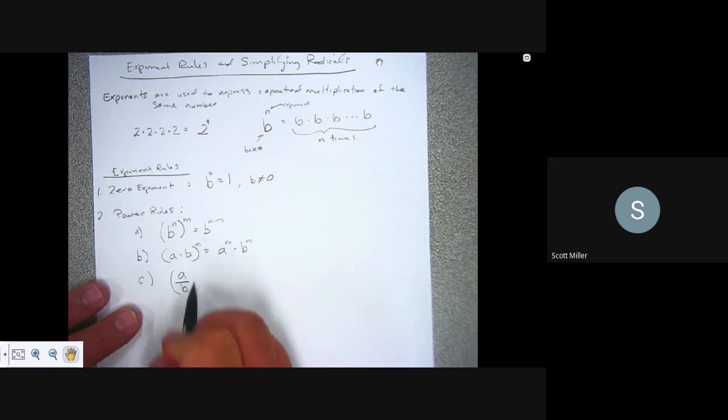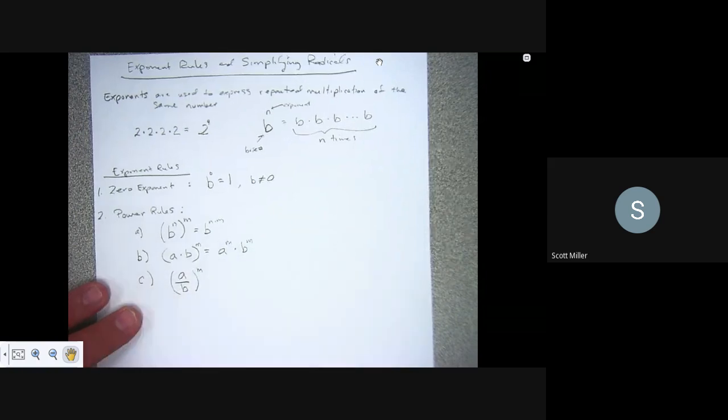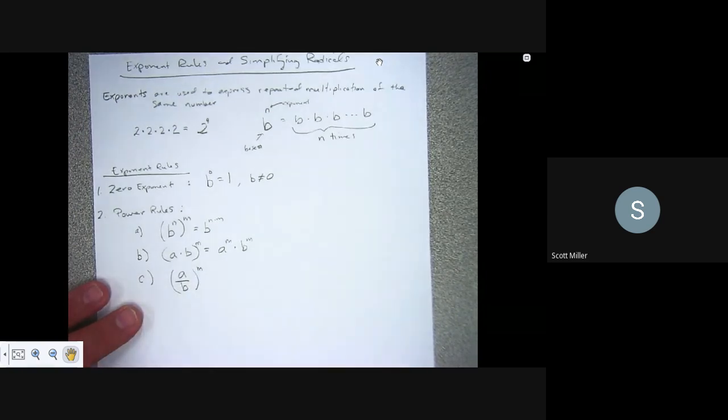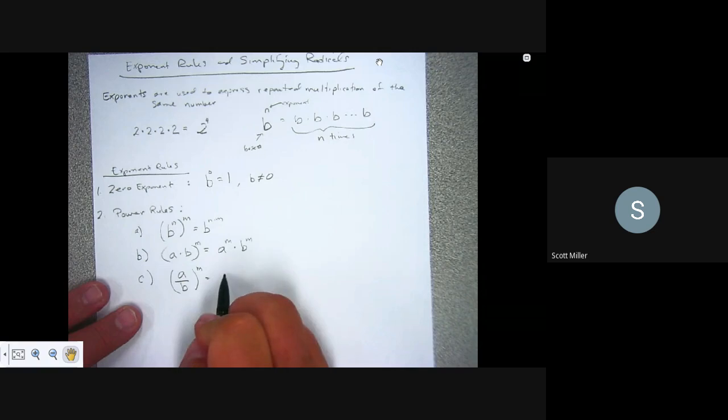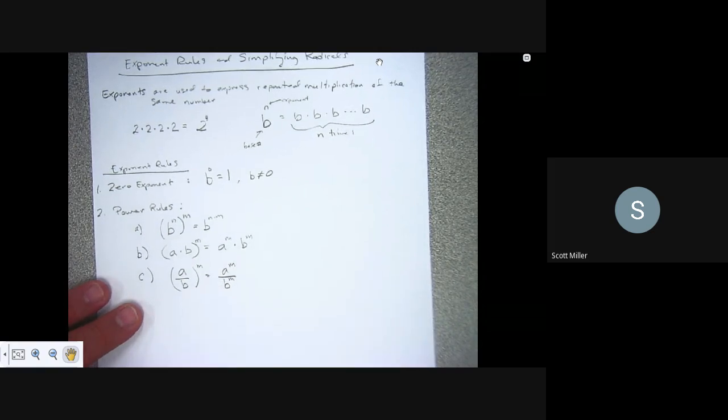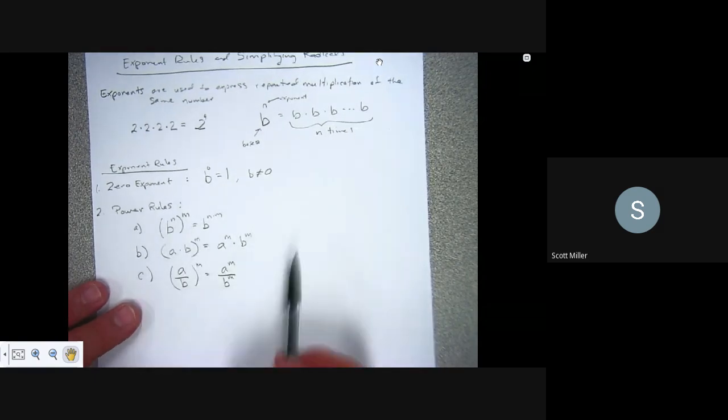What if I'm dividing instead of multiplying? Well, that just means one of these was a fraction, that's all it means. Then it's just like that. So if I have anything with parentheses like this, power raised to a power or something like this, I'll do all three of these at the exact same moment. We'll do some examples in a little bit, but that's what those are.